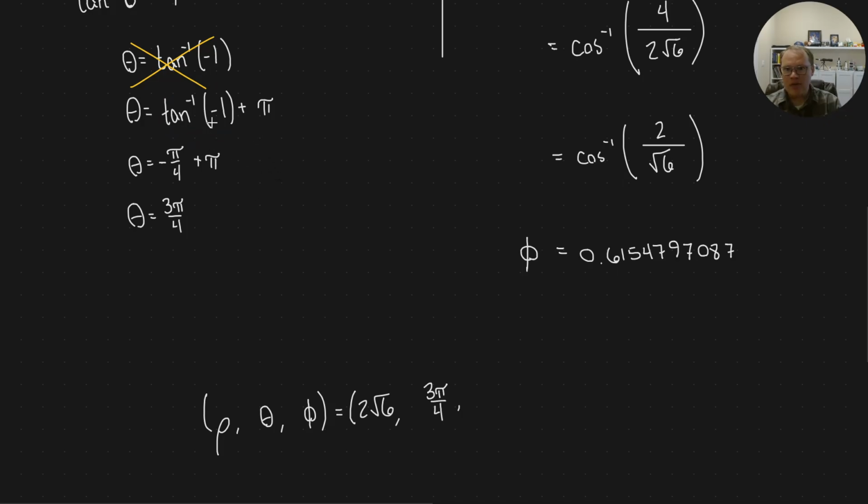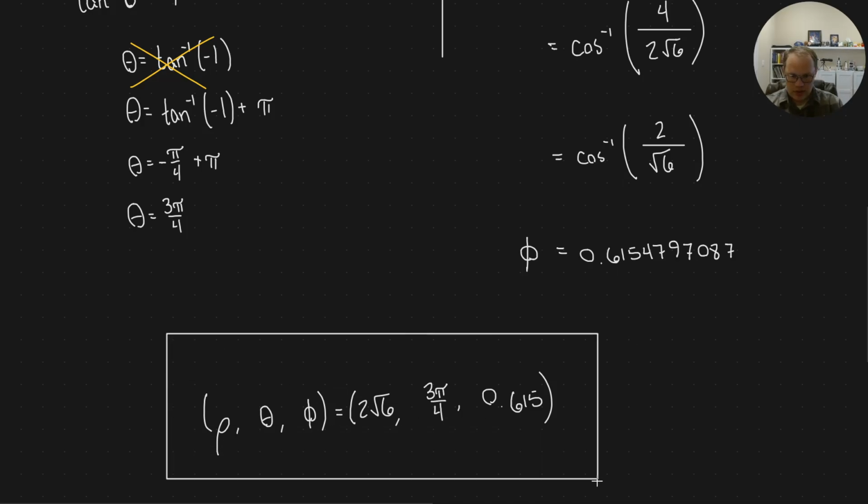Just be careful that you don't automatically take that arctangent. Sometimes we may need to adjust. Not always, but sometimes. You have to be aware of when to do it. Draw it out. And then our phi, I'll just round to a few decimal points here, 0.615. There is our final answer.